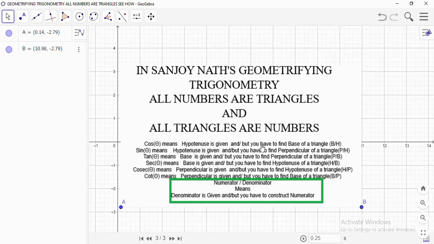If we think of every numerator by denominator in this logic, then we can prove our proposition that all numbers are triangles and all triangles are representable as numbers, because one is considered as the output line, another is considered as the input line, and the third line is auto constructed due to the process.